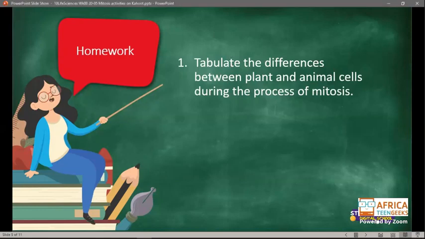So I gave you guys a homework and I said you should tabulate the differences between plant and animal cells during the process of mitosis. So what is different, only looking at the process of mitosis? What is the difference? I mentioned those when I was recapping.